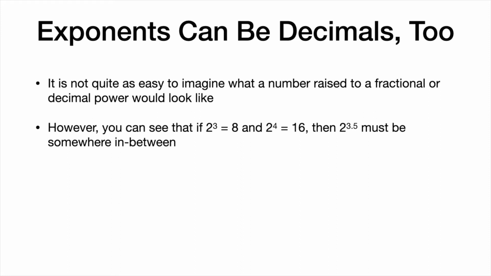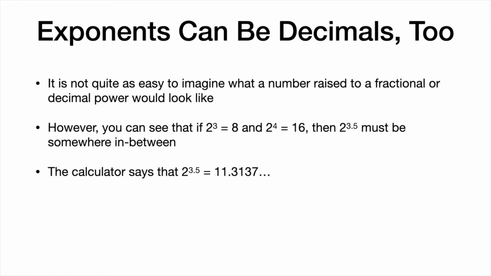So you can put this in on your calculator, and the calculator says that 2 to the 3.5 power is 11.3137 and continuing. Okay. So you basically get decimal powers through your calculator. You might ask, how does the calculator do that? And there is an answer to that, but it actually involves a little bit of calculus to understand it.